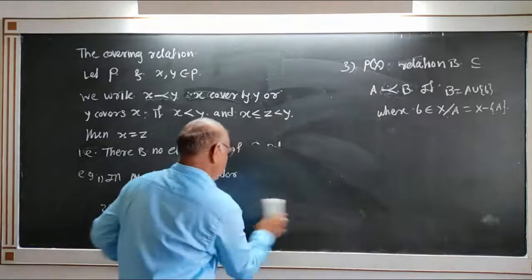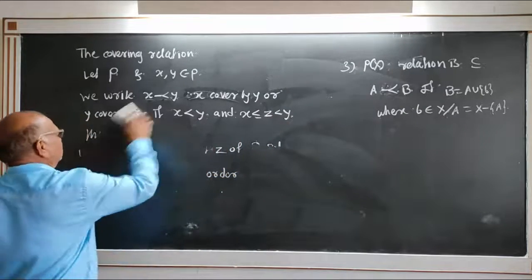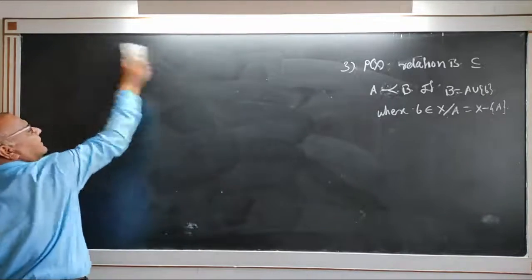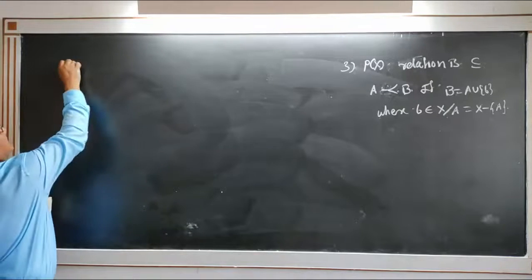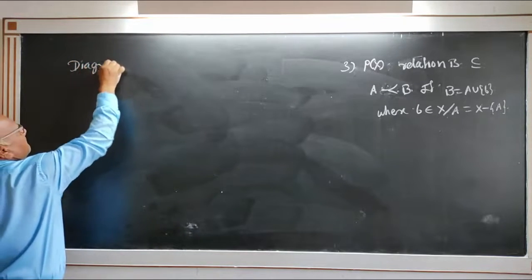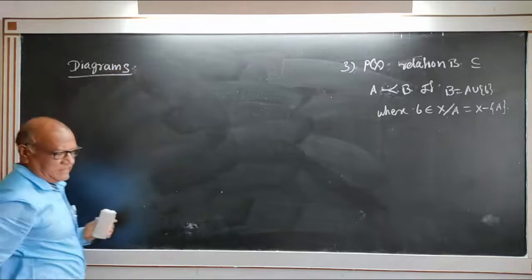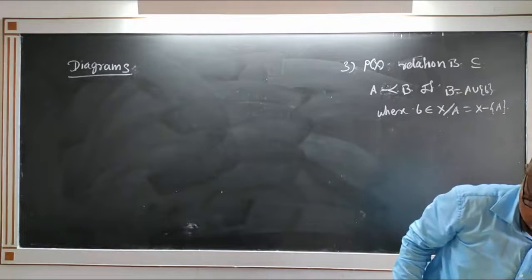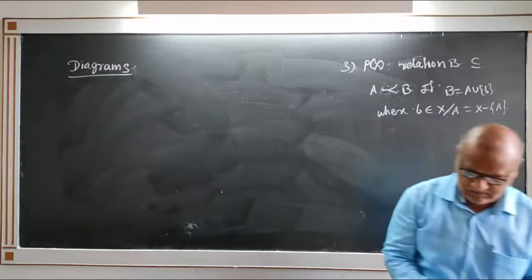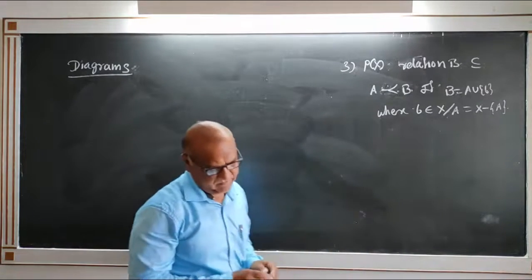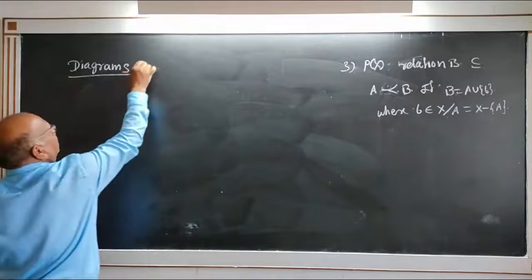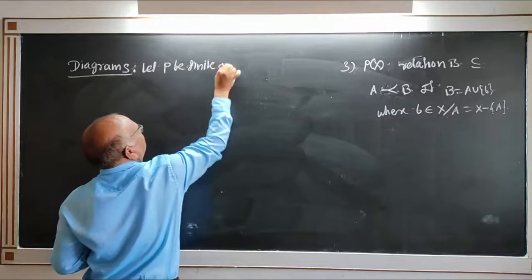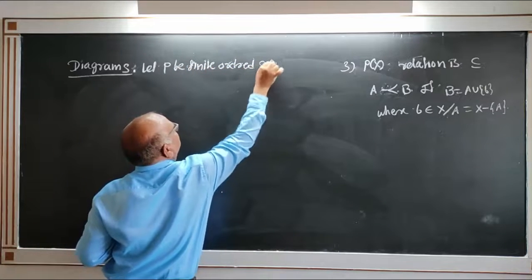Now, using this covering relation, we can draw a diagram. Here, let P be a finite ordered set.